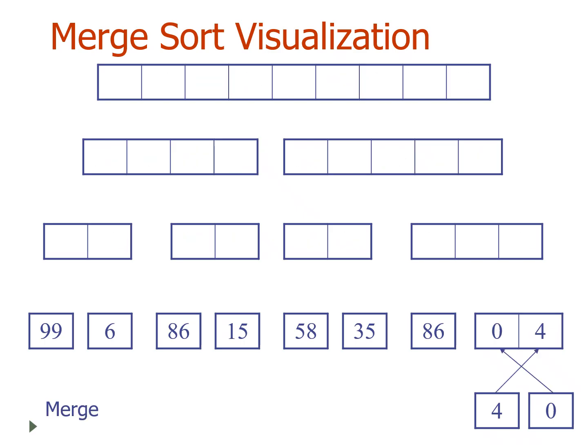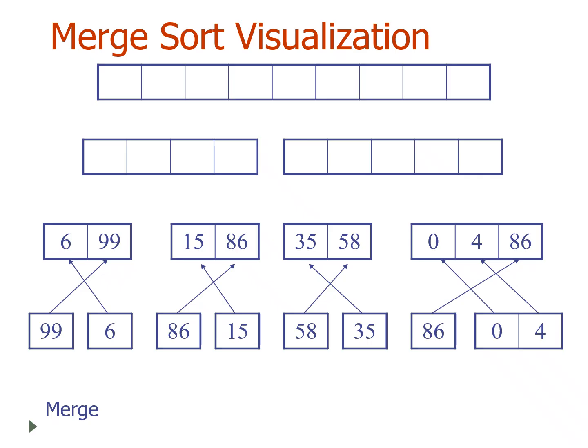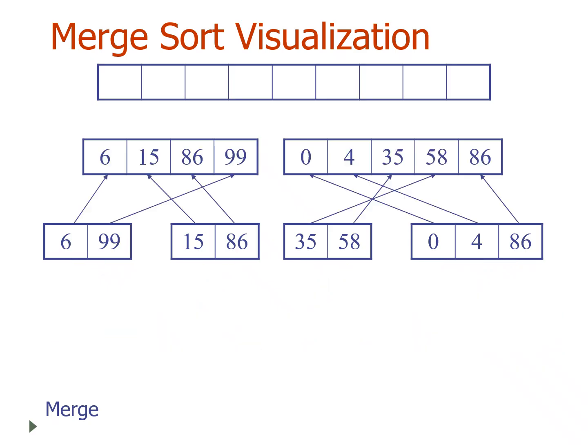So 4 and 0 will be merged to be 0 and 4, and consequently 0 and 4 and 86 will be merged to be 0, 4, 86. And 58, 35 will be 35, 58, as you see. Okay? And the rest is the same. I'm merging and putting the elements, the smaller first and then the bigger.